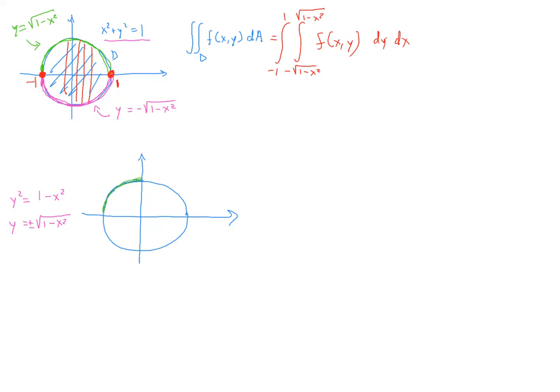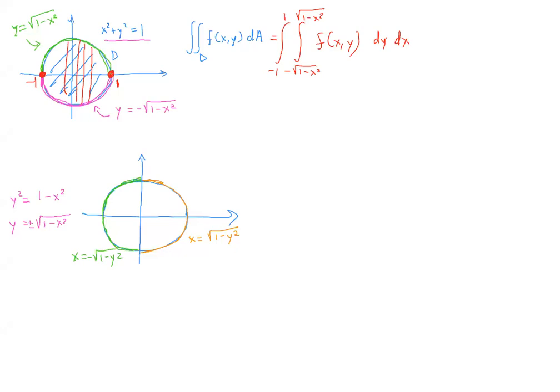So we can have a left boundary curve and a right boundary curve. And how do we find those? Solve for x now, and the right boundary curve is going to be x is equal to square root of 1 minus y squared, and the left boundary curve is going to be x is equal to minus square root of 1 minus y squared.